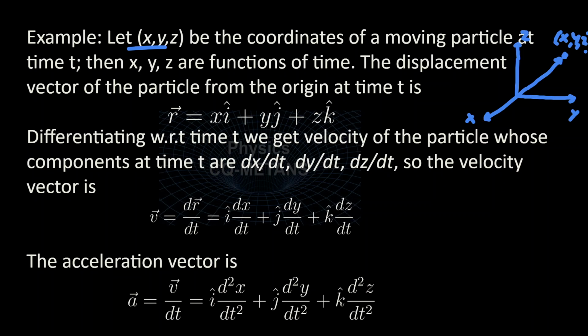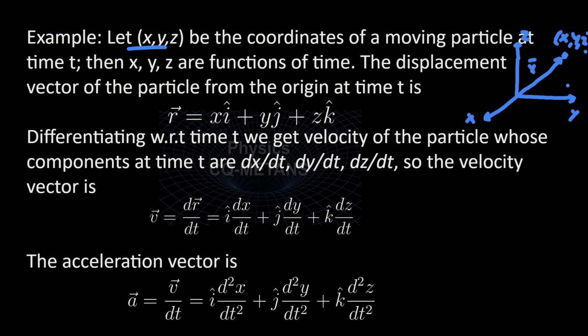So this is the particle at this point. At a later point, this particle might be over here. So the coordinates of this particle change with time. So x, y, z are functions of time. So we are defining a displacement vector r.